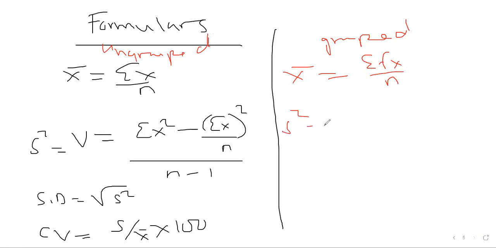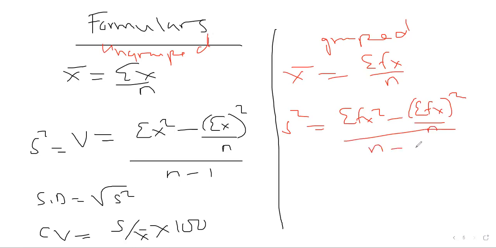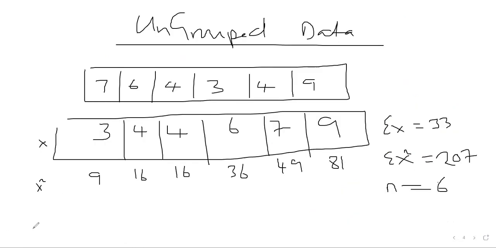The variance is summation of fx squared minus summation of fx to the power 2 over n, everything over n minus 1. The standard deviation is the same. The coefficient of variation is the same.